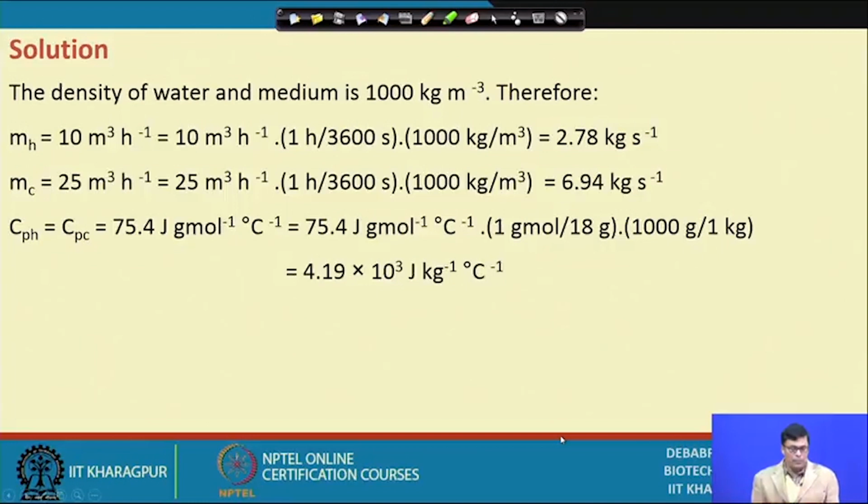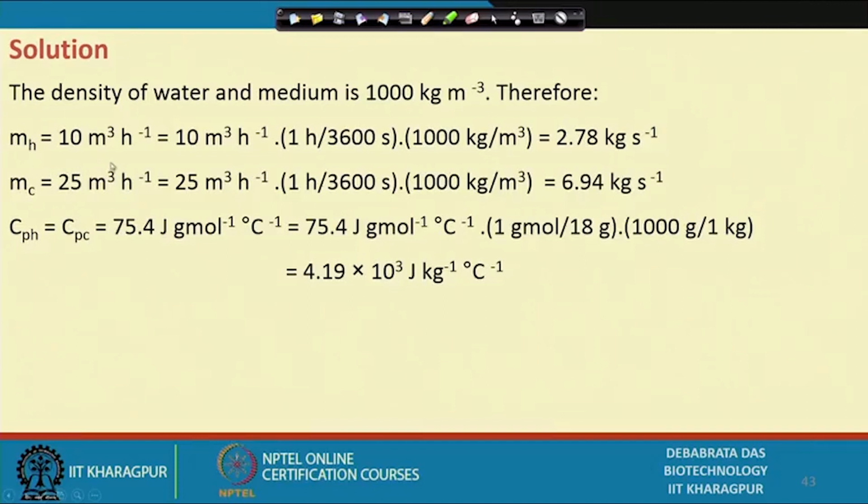First, as I told you, we have to convert the units to our desired units. For example, the hot liquid flow rate of 10 cubic meter per hour has to be converted into 2.78 kg per second. We can easily do that, because we know the density of water is 1000 kg per cubic meter.